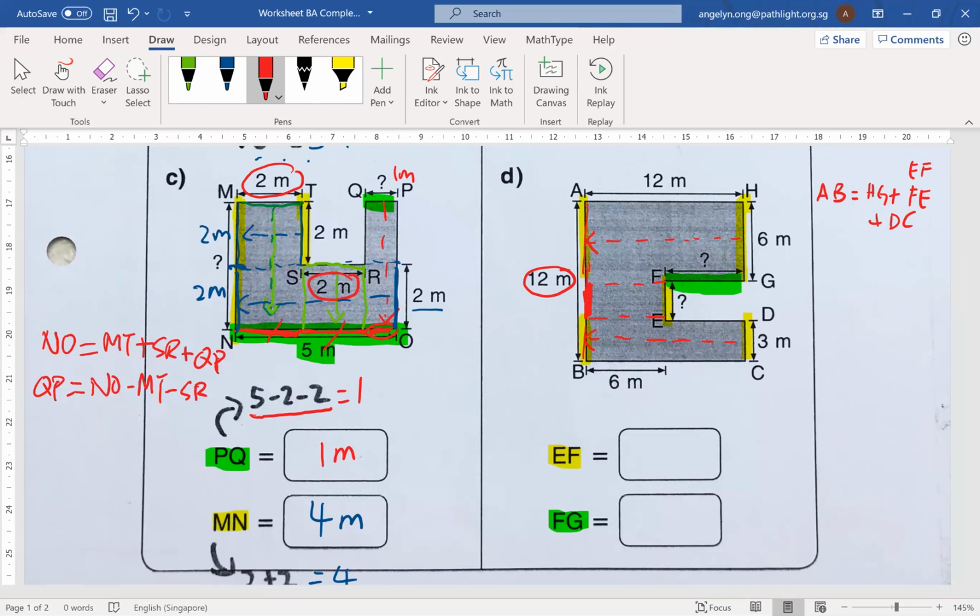So in order to find my unknown, which is EF, I can say that EF is equal to AB minus away HG minus away DC. So that means it's equal to 12 minus away HG, this one, 6, minus away this other one here, which is 3. Okay. 12 minus 6 is 6, and 6 minus 3 is 3. So EF is 3 meters.